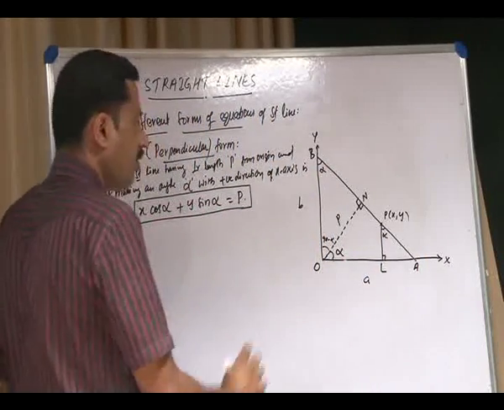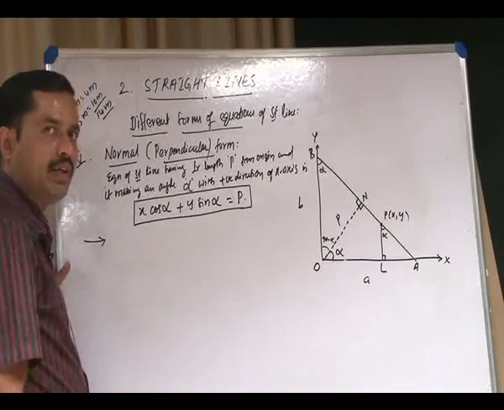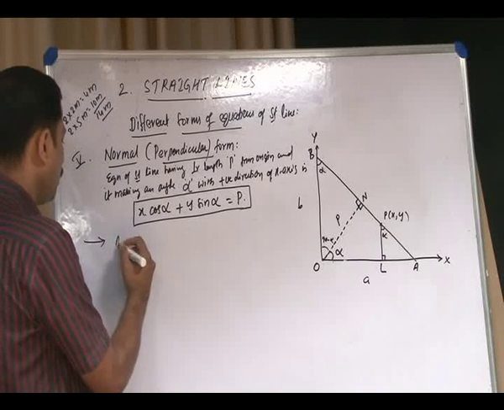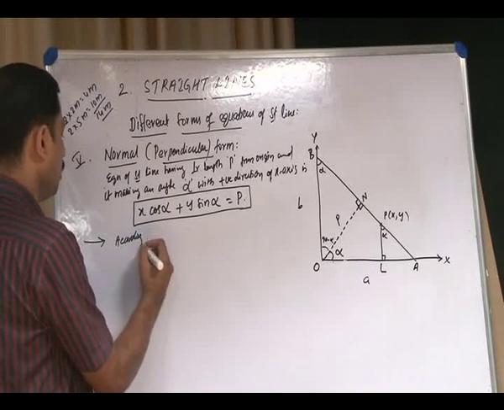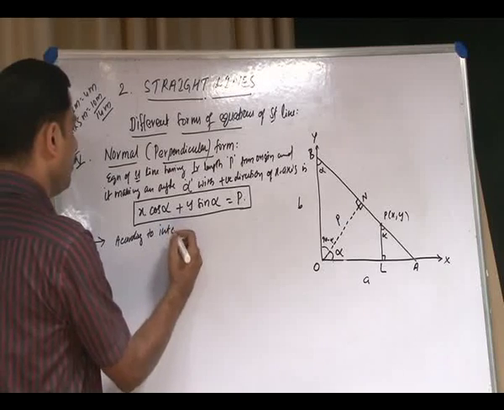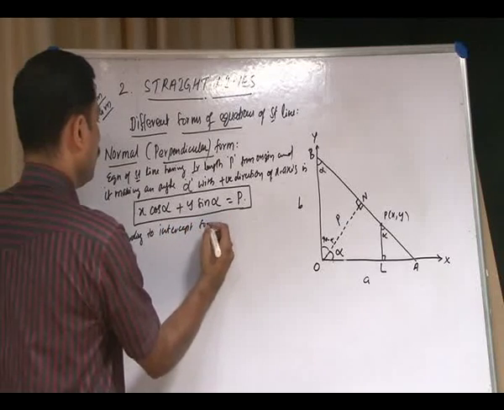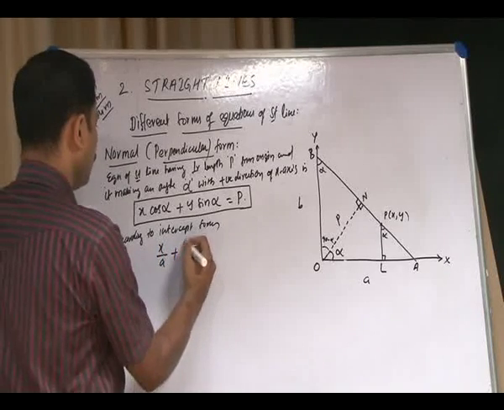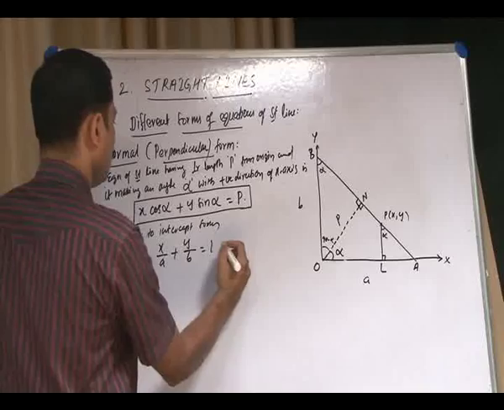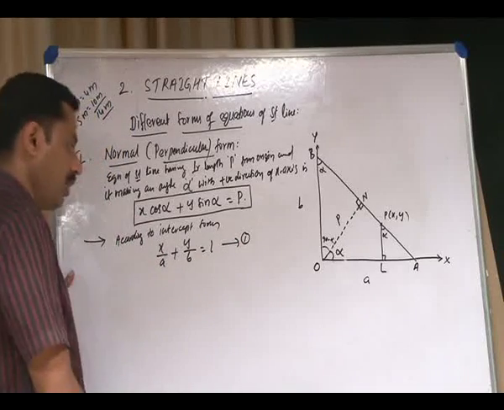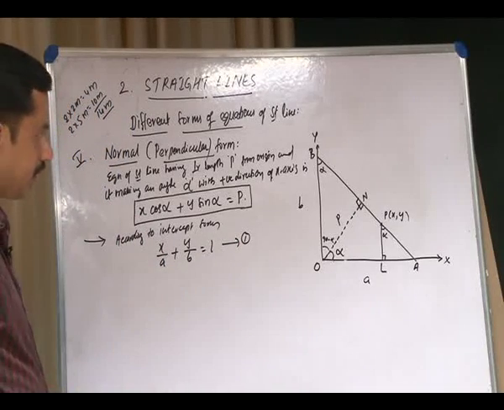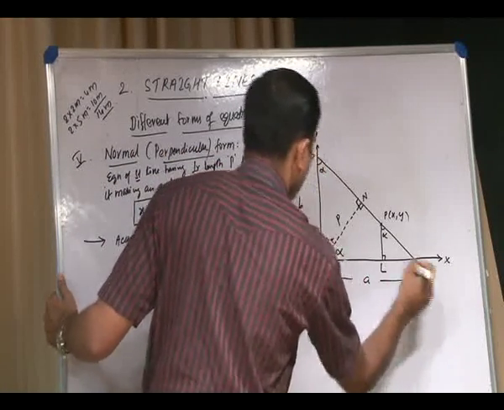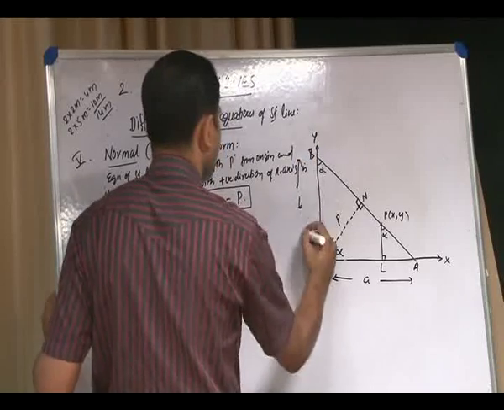If A and B are the x and y intercepts of the line AB, then according to intercept form, the equation of the straight line is given by x by A plus y by B is equal to 1. I will consider this as equation 1. Here A is the x intercept, that is length OA, and B is the y intercept OB.